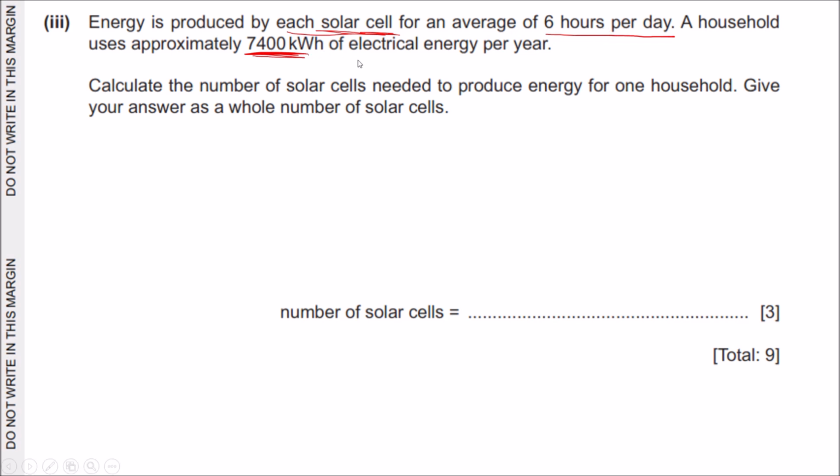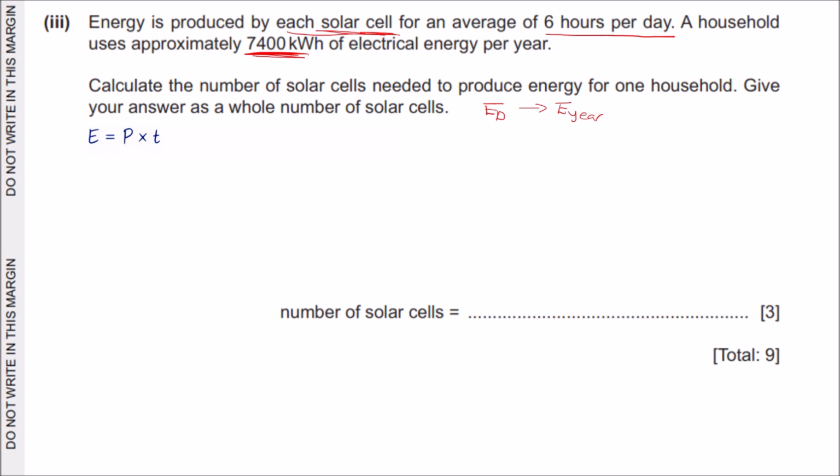So the first thing is we need to find energy produced by each cell per day, then per year. If we divide the energy requirement per year by the energy produced per year, we find the cells required. Energy is power times time.